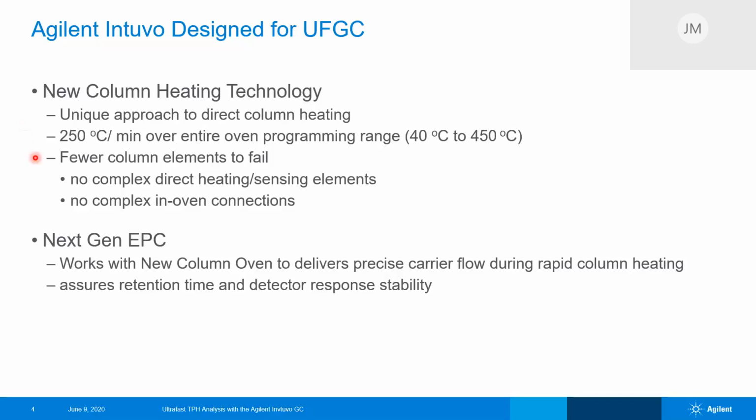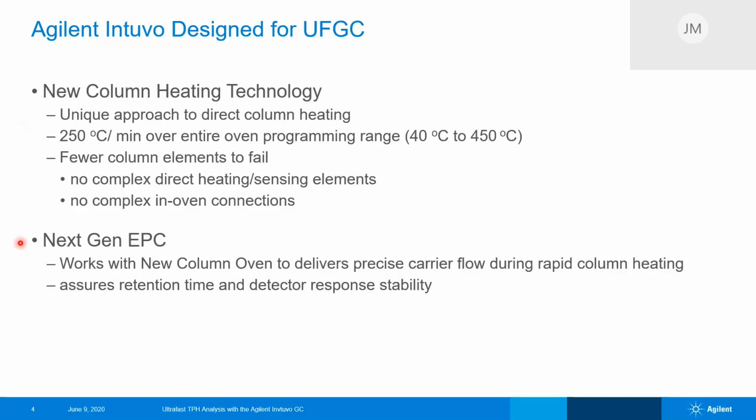There are fewer elements to fail, so this will ensure better lifetime of the columns as we run more and more samples. The next feature of Intuvo that allows ultrafast GC techniques is the next generation EPC, or electronic pneumatic control. This is a new generation. I think it's our 6th generation of column EPC, and this works in conjunction with the rapid heating of the column to deliver the precise constant carrier flows that we need to do the fast GC as we're heating the column to very high temperatures.